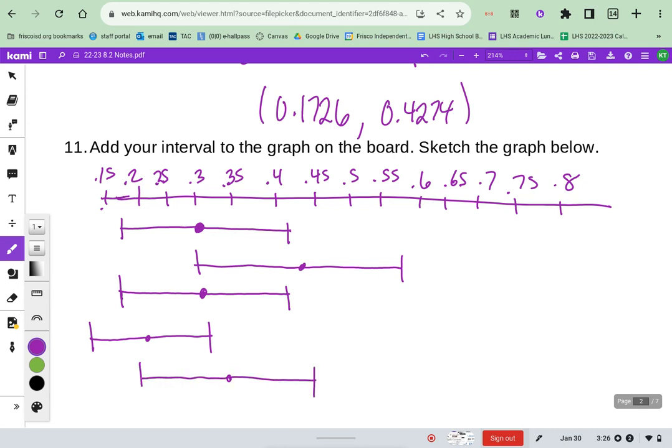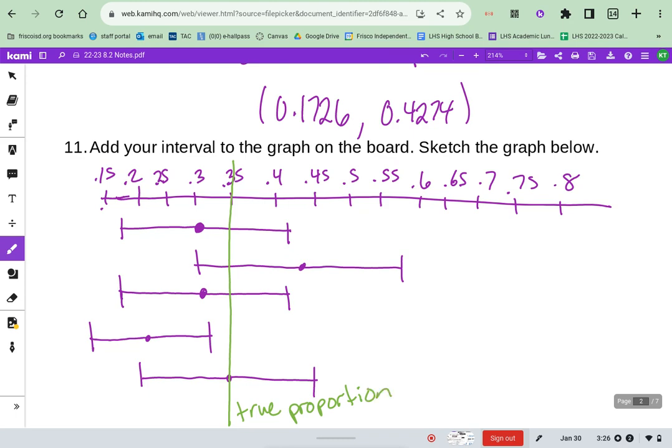By the way, if you were to do this many times, you would get that the true proportion of Hershey Kisses that actually land on their base is 0.35. So notice how only 4 out of the 5 confidence intervals actually capture the true proportion.